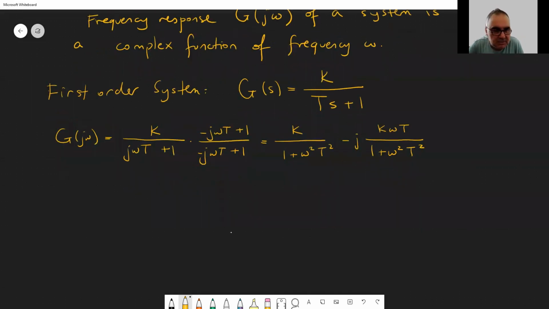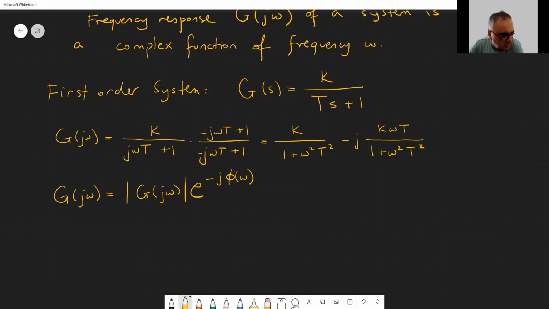We can write this as magnitude of G of j omega, e to the minus j phi of omega. Okay.